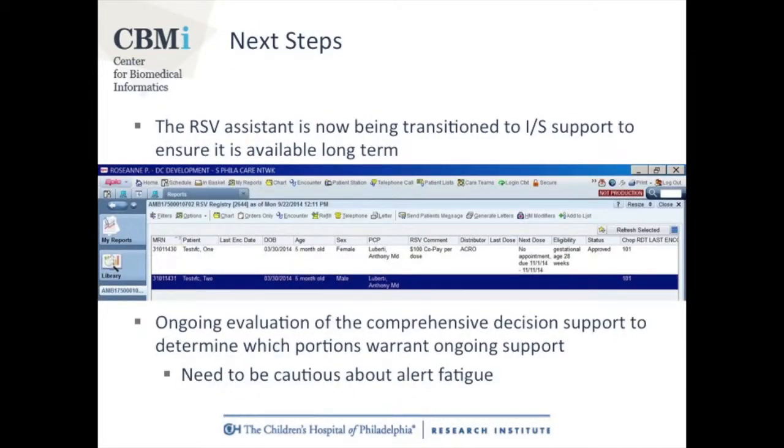For our next steps, we're now transitioning the RSV Assistant into a more sustainable form, which will be supported by IS through a reporting workbench feature, which is shown here on the slide, and we are doing ongoing evaluation of the rest of the project to decide which portions of the decision support warrant ongoing implementation versus which portions of the 6 additional domains that we targeted could be retired, because we need to be very cautious about alert fatigue issues and overwhelming clinicians with alerts that don't actually change healthcare.